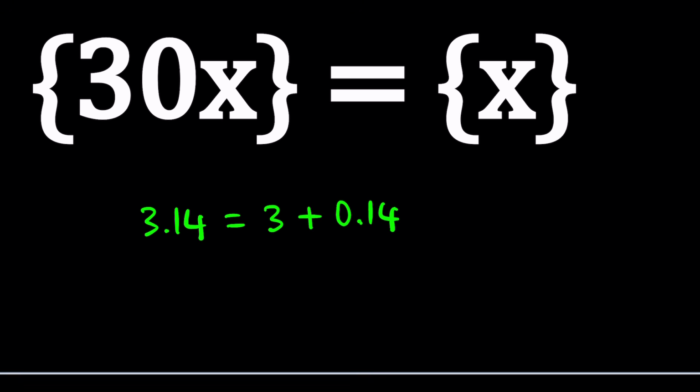This decimal part is called the fractional part, which we denote with the curly braces. And the integer part is called the floor value, and our notation is going to be something like this, which indicates the floor value. In other words, when you round the number down to the nearest integer, you get the floor value of that number. So that's how fractional part works.